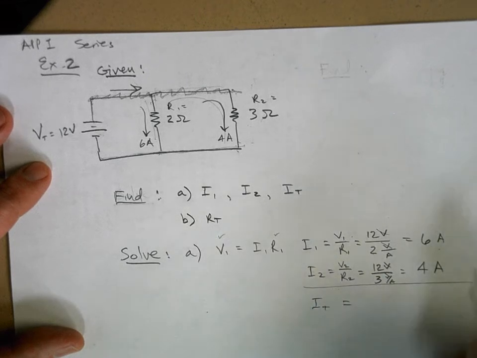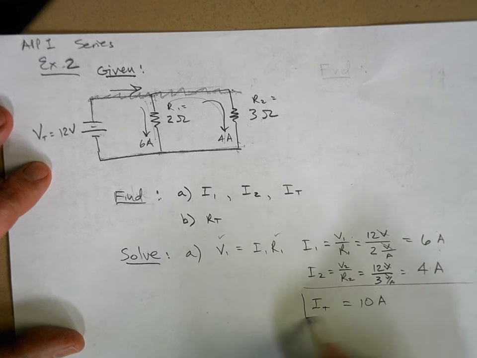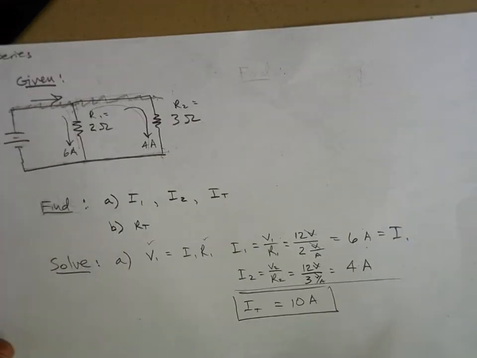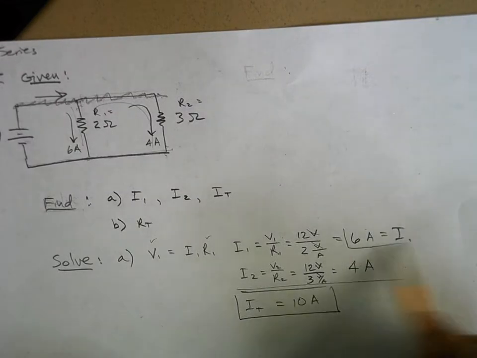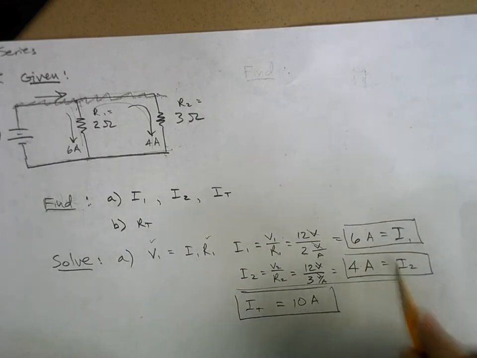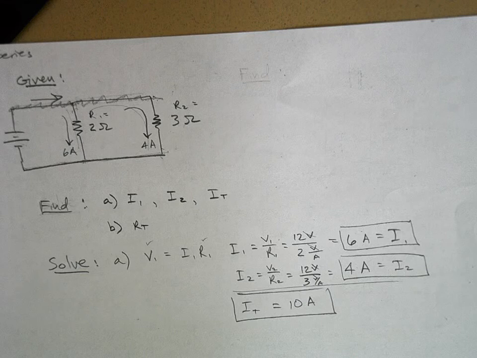All right. 6 plus 4 is 10 amps. So this is I1. Am I on screen? Oh. I1 is 6 amps. I2 is 4 amps. So the total current is 10 amps. Now let's figure out what the total resistance is.